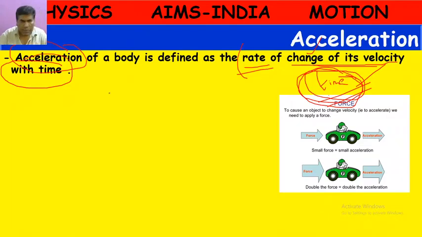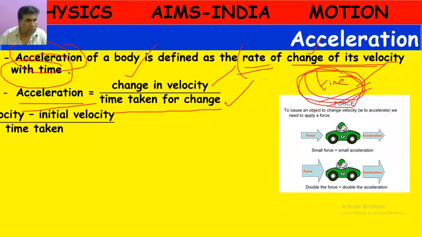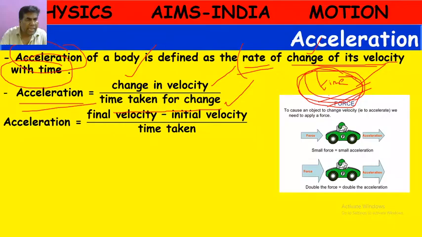So here acceleration means change in velocity, how much change happened, divided by time taken for change, that is, in how much time that change happened. This ratio is called acceleration. Change in velocity means in the last it will have some velocity, which is called final velocity.